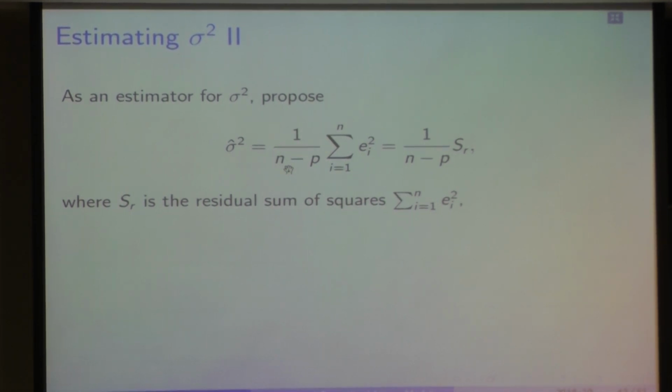Okay? So we'll call the sum of the squares of the residuals SR. So you can see that that sum of the squares of the residuals has become SR on the right-hand side. Then this sigma hat squared is an unbiased estimator for sigma squared.